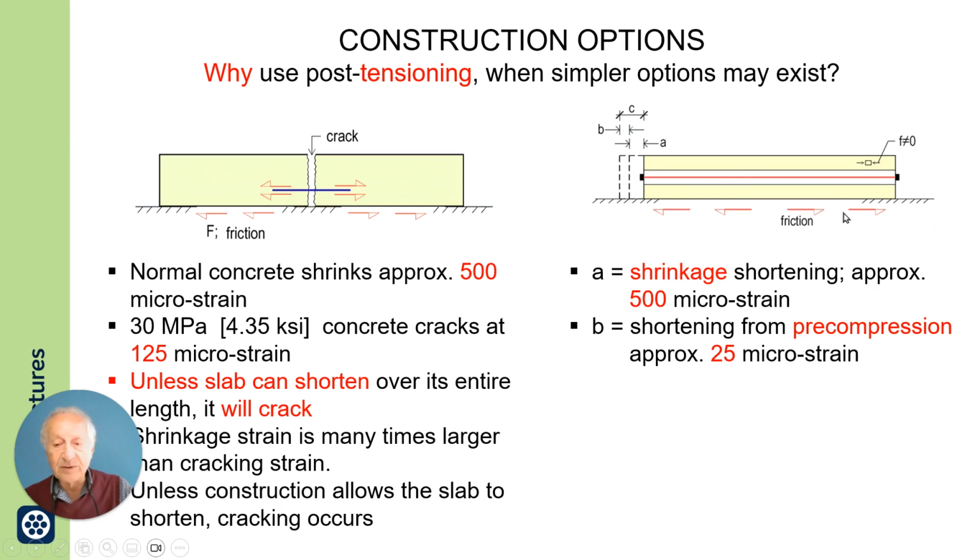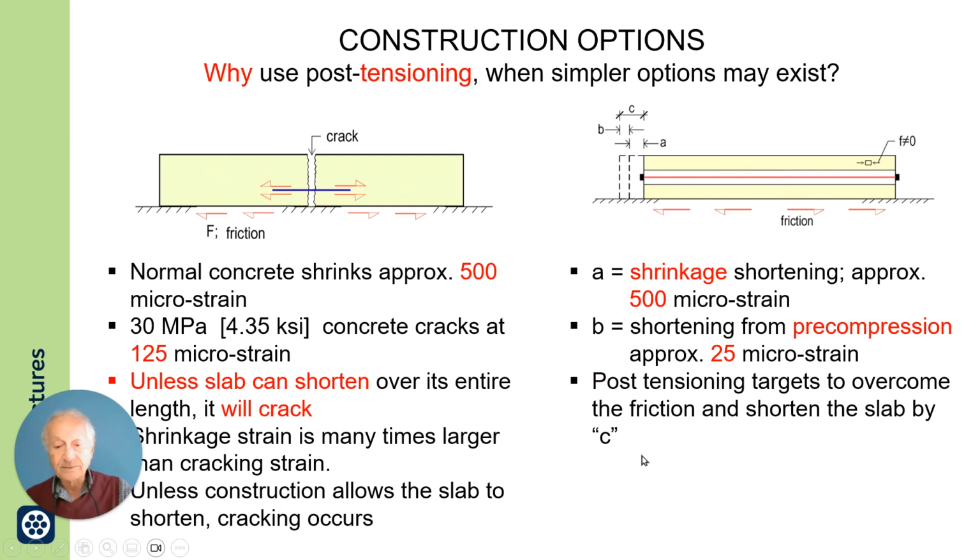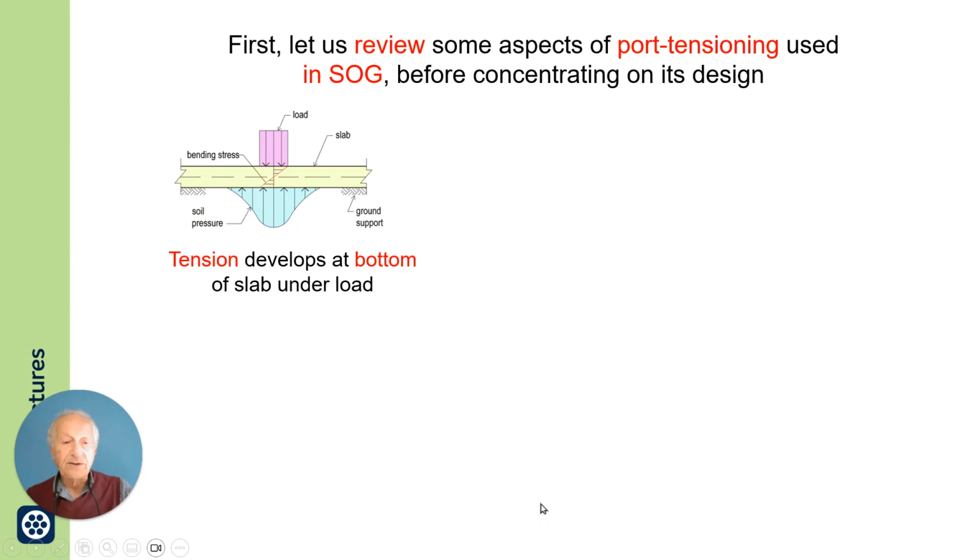We cannot eliminate friction, but we have to reduce it to an amount that under normal pre-compression, the slab will move, will slide. That is the target. Post-tensioning targets to overcome the friction between the slab and the ground supported.